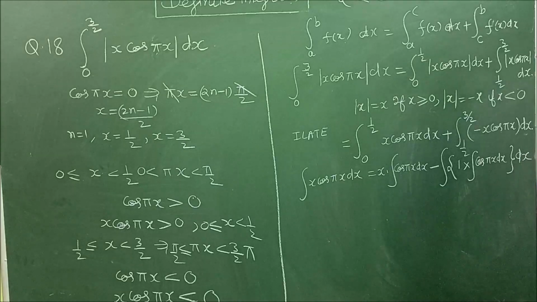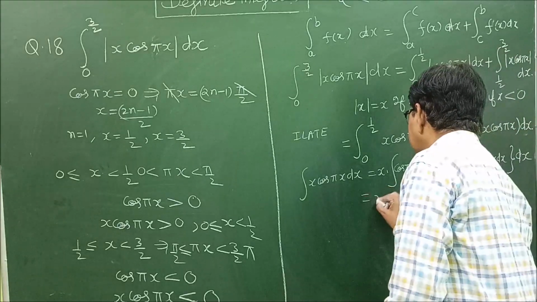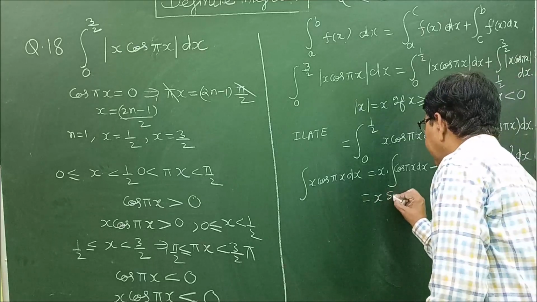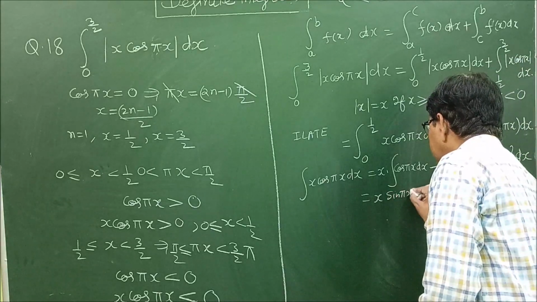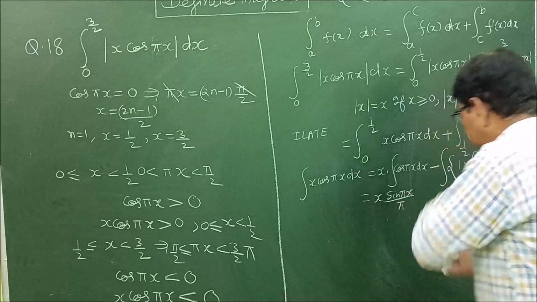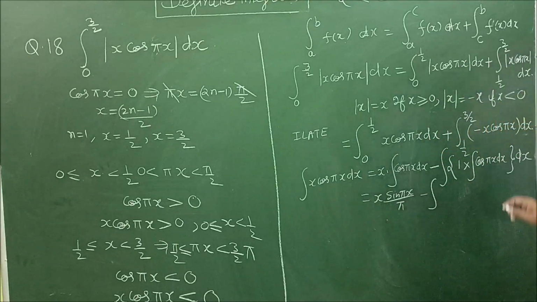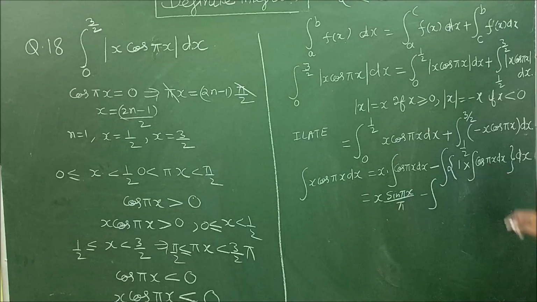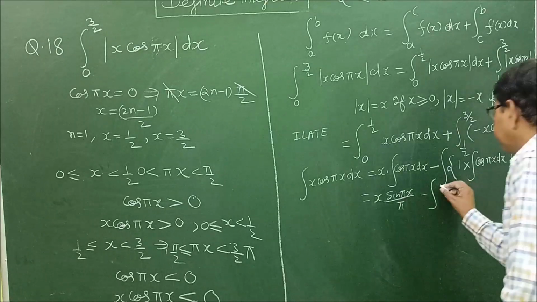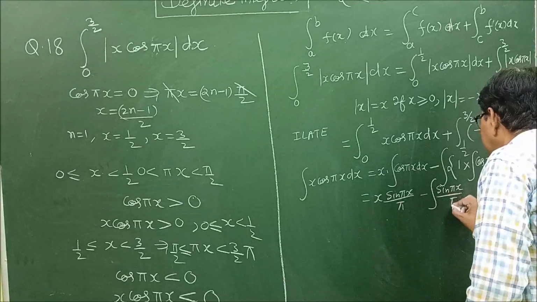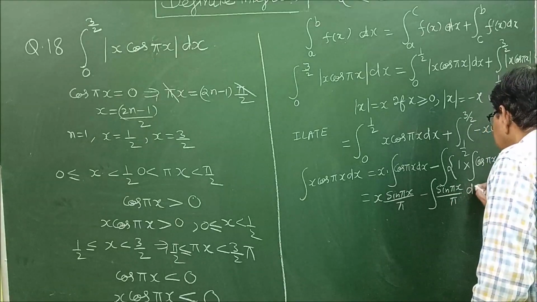So this is equal to x into integration of cos pi x, which is sin pi x upon pi, minus integration of sin pi x upon pi dx.